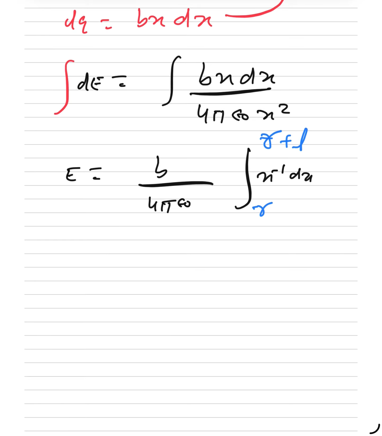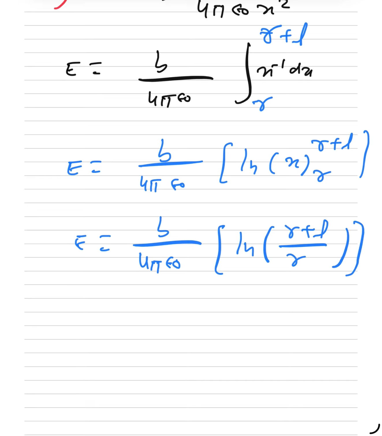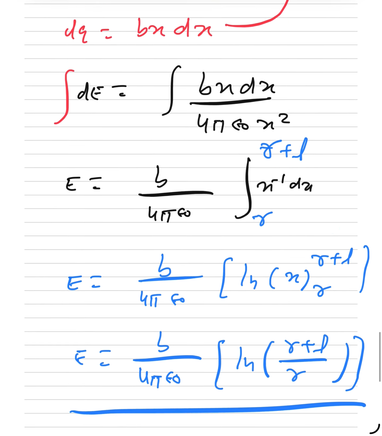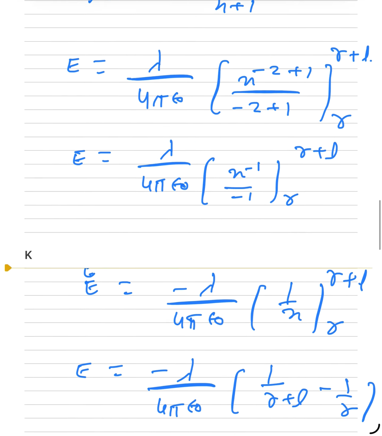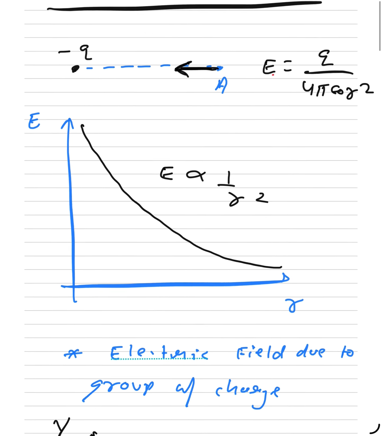The integration of x power minus 1 is ln x, so E equals b divided by 4 pi epsilon naught ln x with limits from r to r plus L, and the net electric field finally is b divided by 4 pi epsilon naught ln of r plus L divided by r. This is a basic logic related to the electric field for uniform and non-uniform distributions, right, and the basic concept about this.